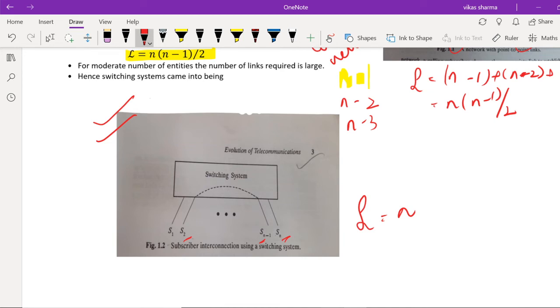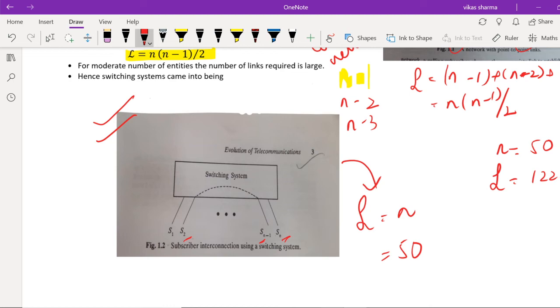So for n equal to 50, the number of links required in a point-to-point network becomes 1225, but the number of links required in the diagram showing the switching system is 50. So there is a considerable reduction in the number of links.